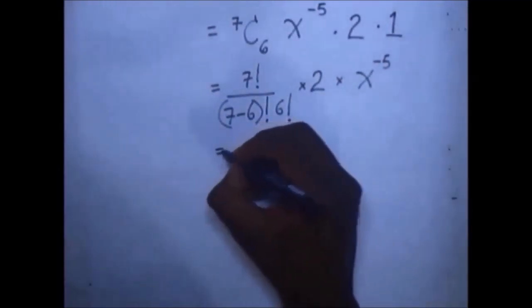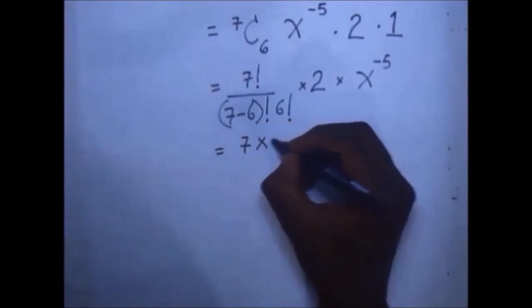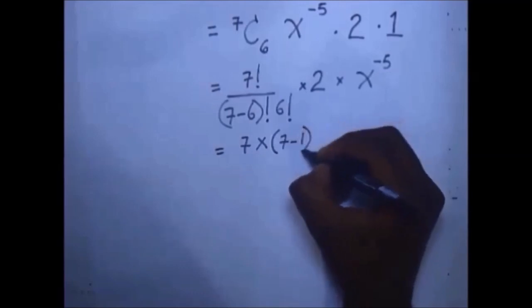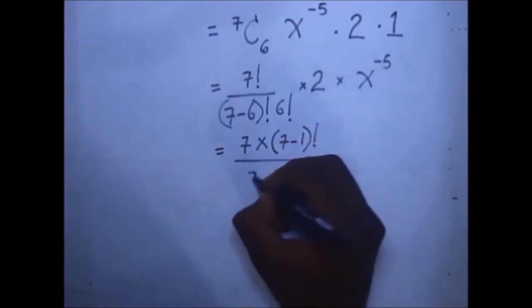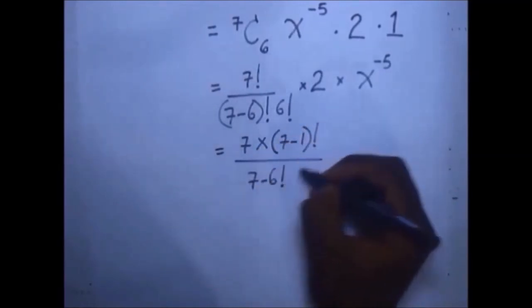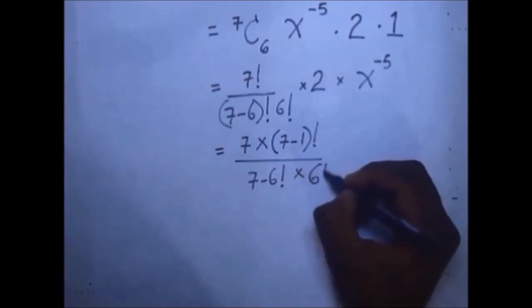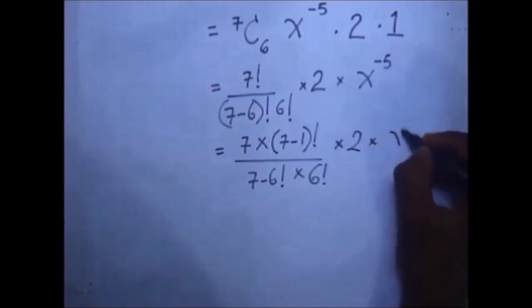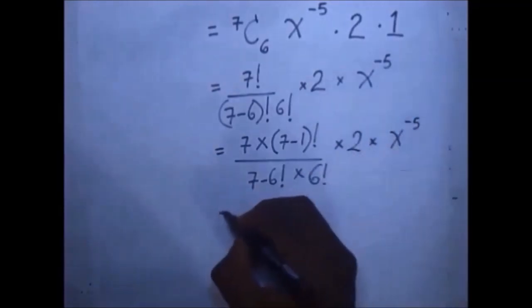This is 7 times 7 minus 1 factorial over 7 minus 6 factorial times 6 factorial, times 2 times x to the power negative 5.